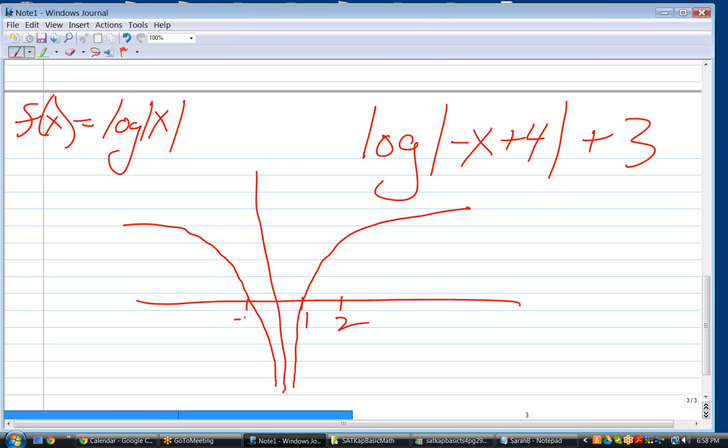This has to be -1, -2. So the log of the absolute value of -2 is going to be the same as the log of 2. So this graph is this function right here.